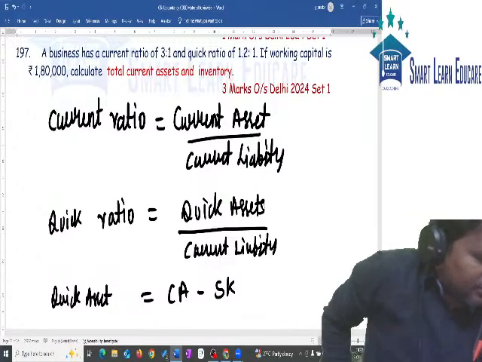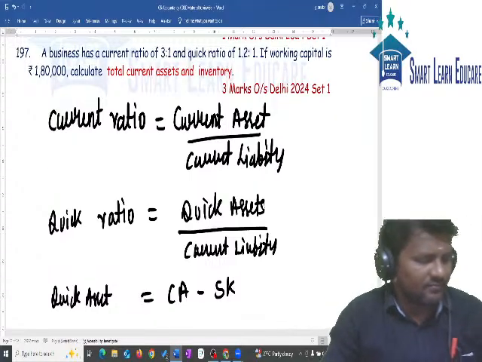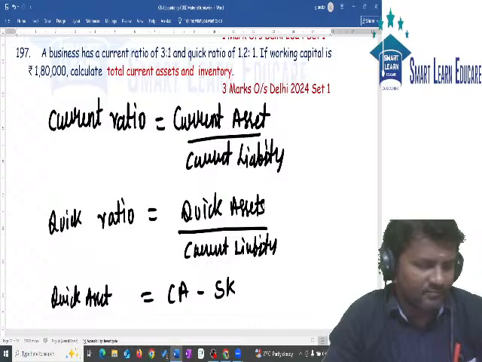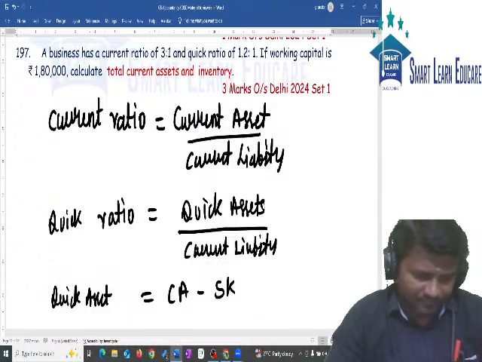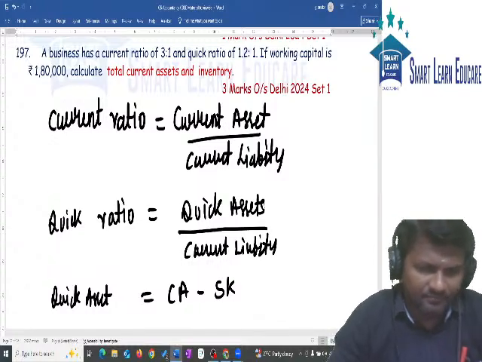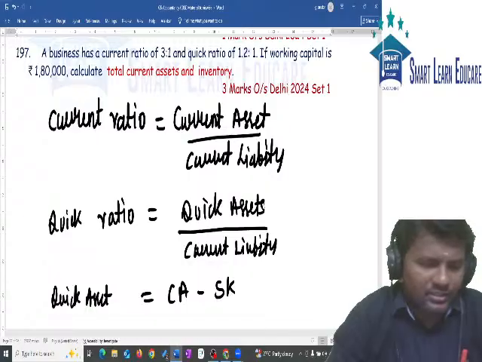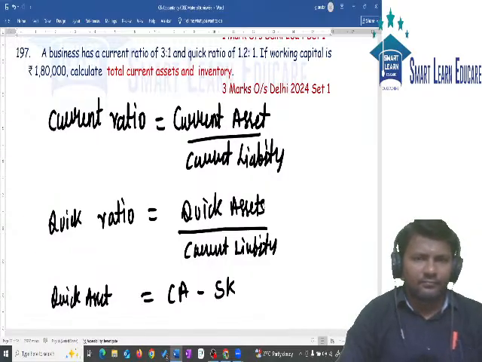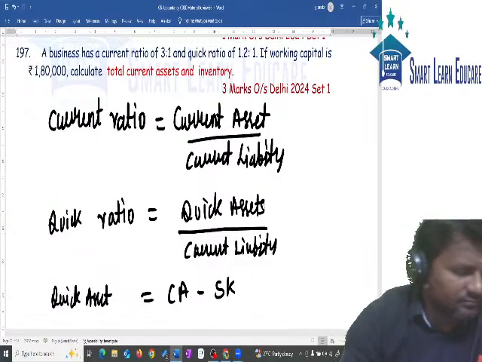So any answer? Current asset 2 lakh 70. Yeah. Okay, inventory.